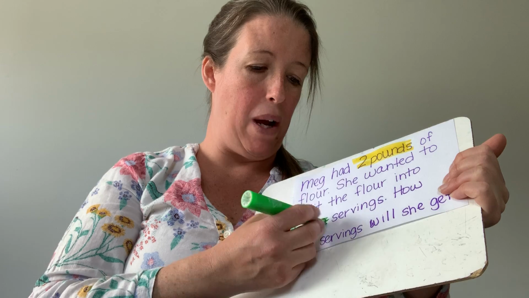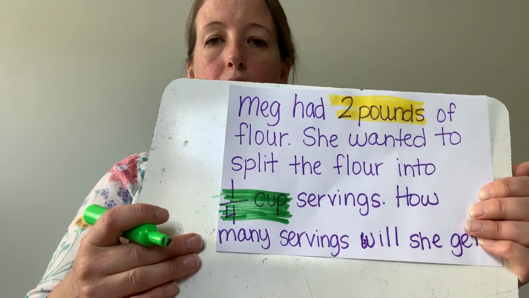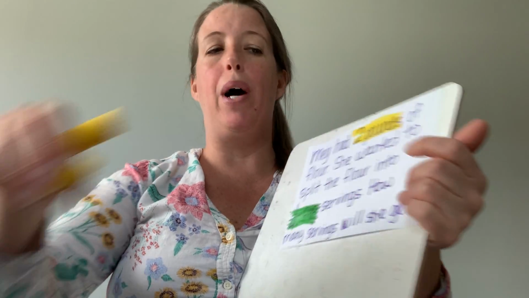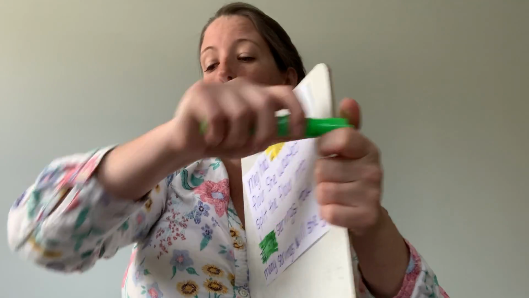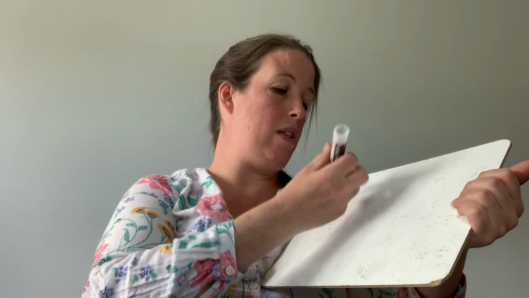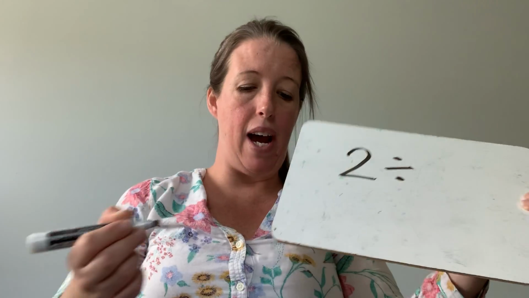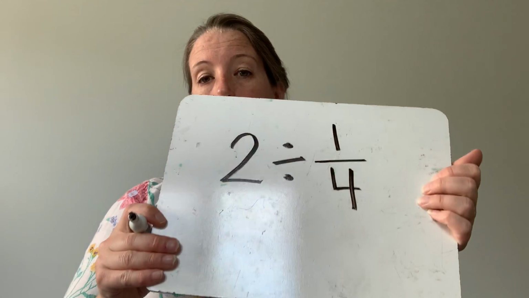So this is like my who is getting it, these different servings. So I'm now going to write the equation based on the what and the who. So what divided by who. So that would give me the equation, 2 pounds of flour divided into 1/4 cup servings.